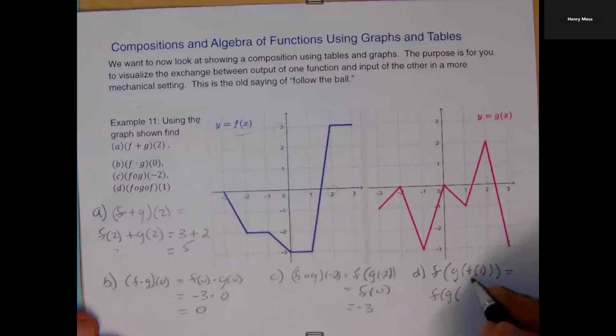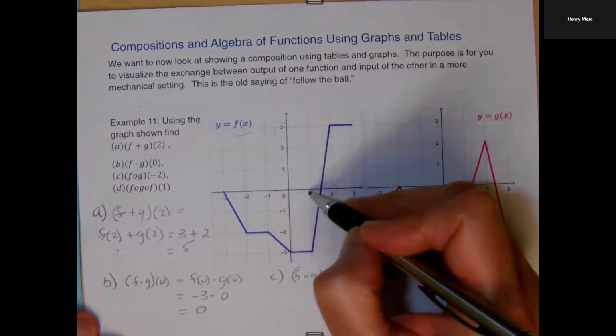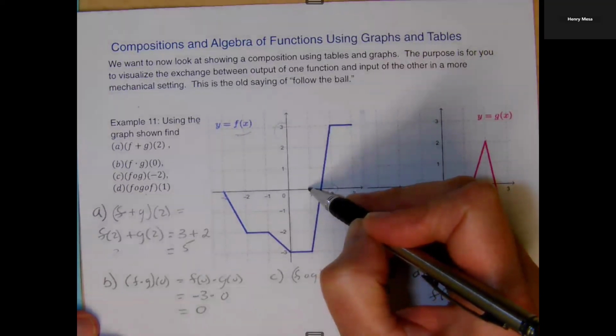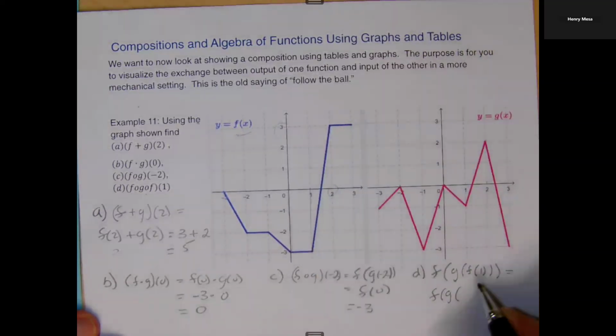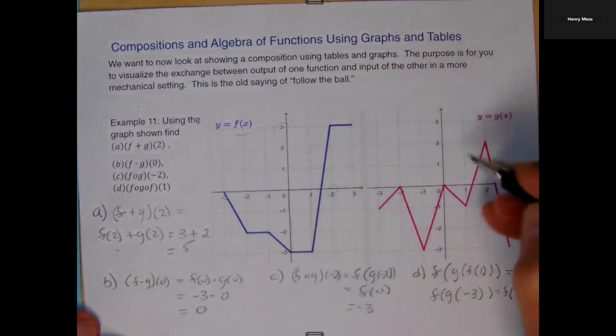Then I come over here and find f of 1. Here's 1, here's my function f, and I see -3. So now I'm getting a -3 coming out of here. Now I'm going to write f of, and find g of -3.